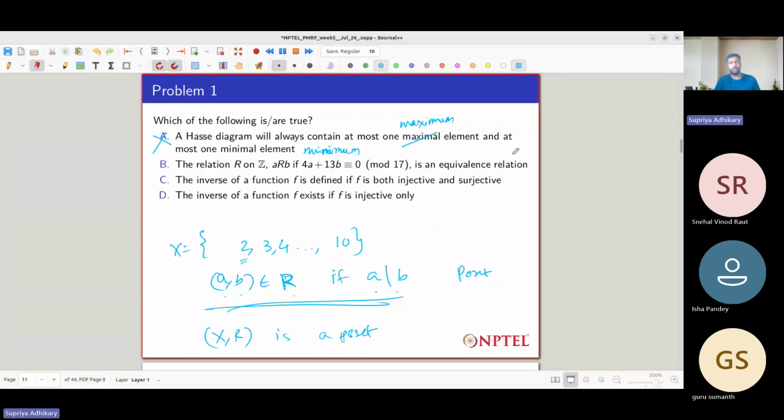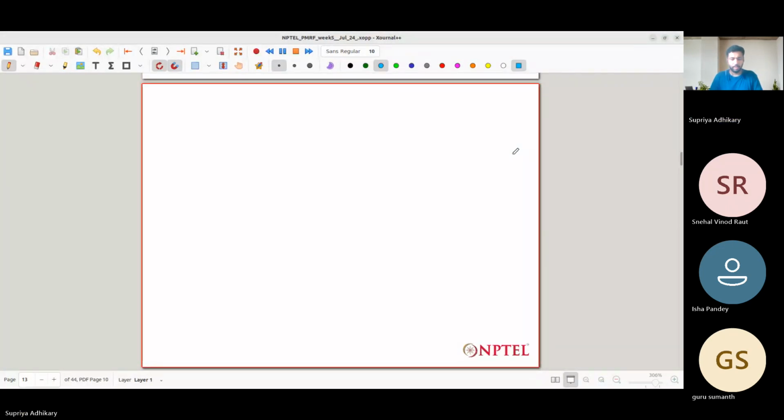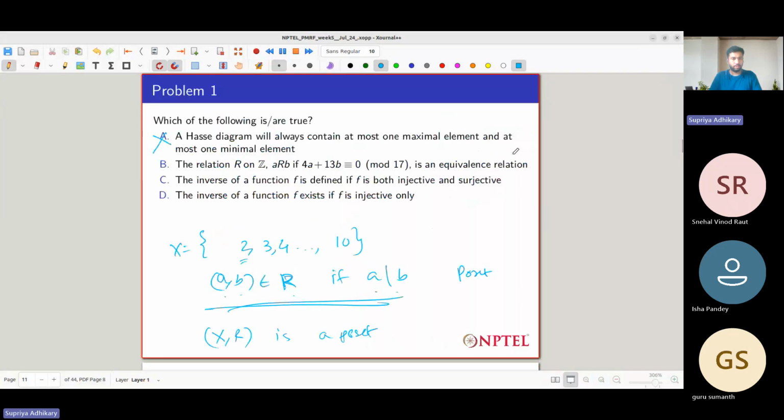Being maximum means that it is greater than all other elements in the space, and being minimum means that it is less than all other elements in the space. So the first one is not true.